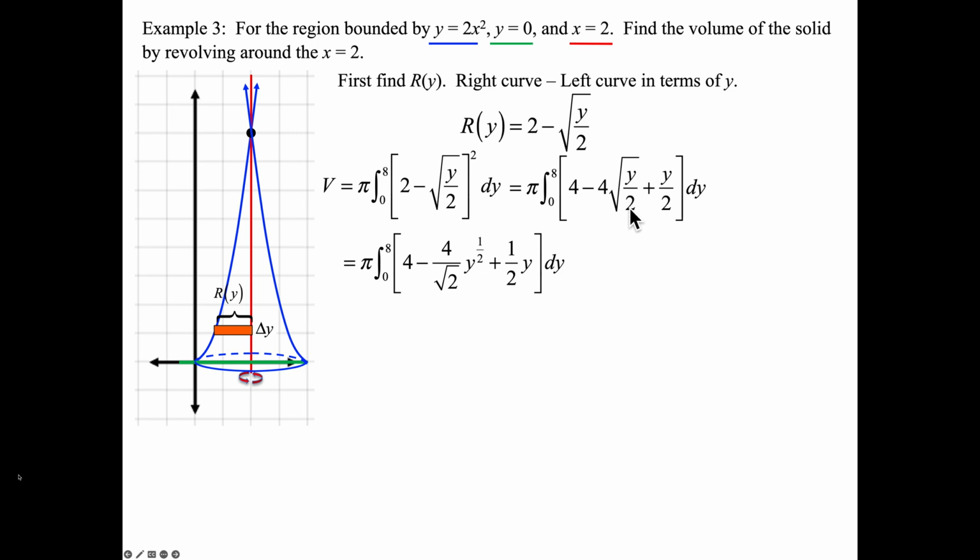Then this 2 on the inside of the square root, I'm going to factor that out and put it underneath the 4 as 4 over the square root of 2. And now we'll integrate each one. So we'll get 4y, we'll get y to the 3/2, and this fraction gets multiplied by 2/3, and this will be y squared over 2, which makes that 1/4.